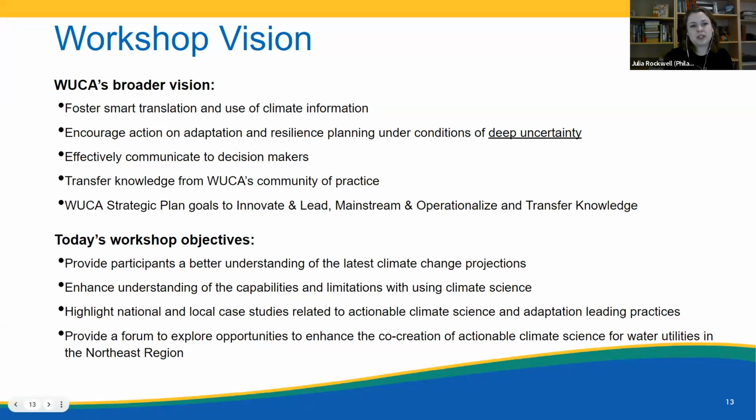So I'm just going to briefly touch on WUCA's broader vision for these workshops and trainings, which, as Alan mentioned, have happened across the country. We've had 7 trainings so far, and now we're having this training for the Delaware River Basin.